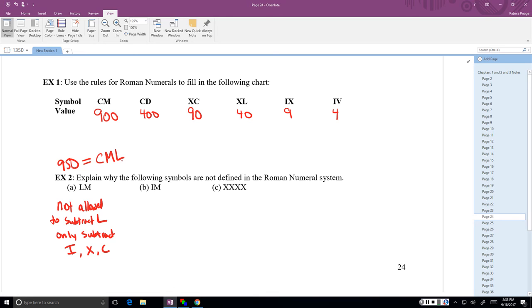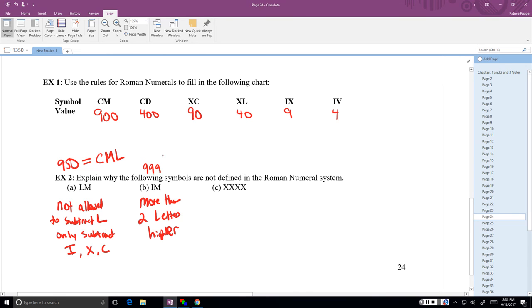How come IM is not a real number? Why can't you subtract I from M, Maddie? Okay, it's more than 2 letters higher. So M is more than 2 letters above I. What number are they trying to come up with? 999.